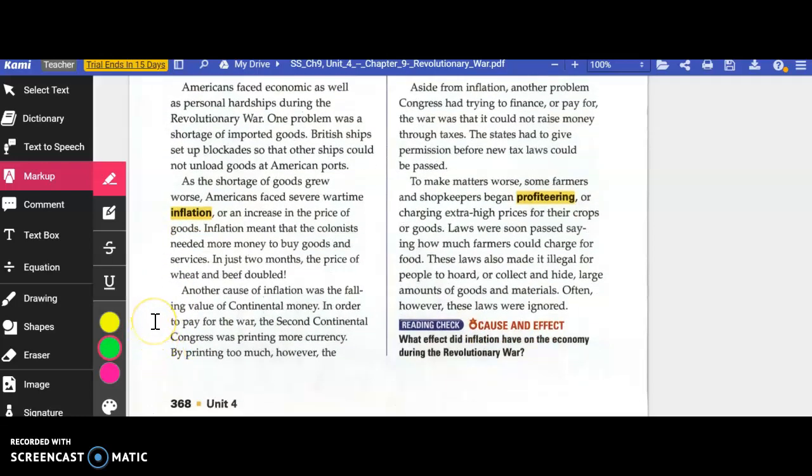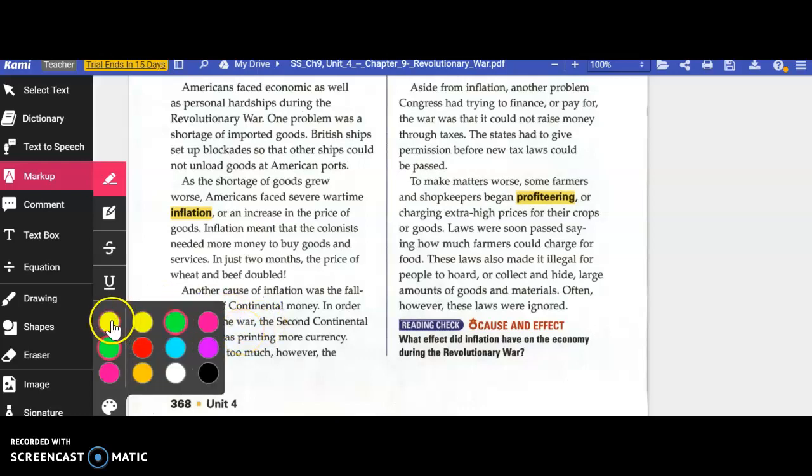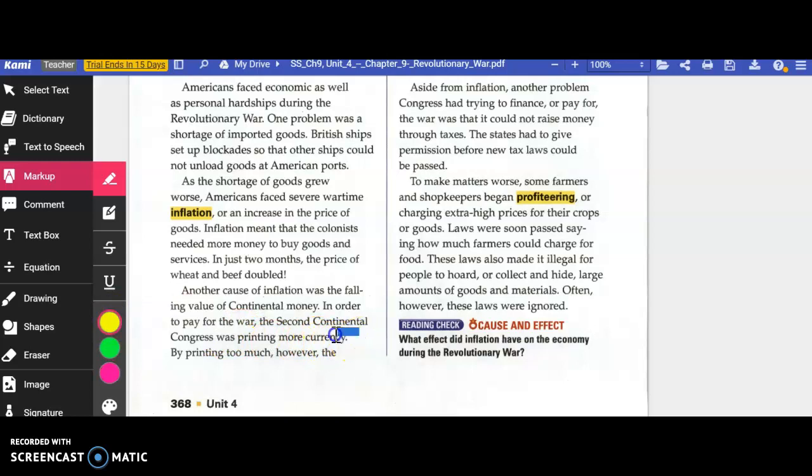Another cause of inflation was the falling value of continental money. In order to pay for the war, the Second Continental Congress was printing more currency. Currency here is another word for money. Currency, money. Okay.